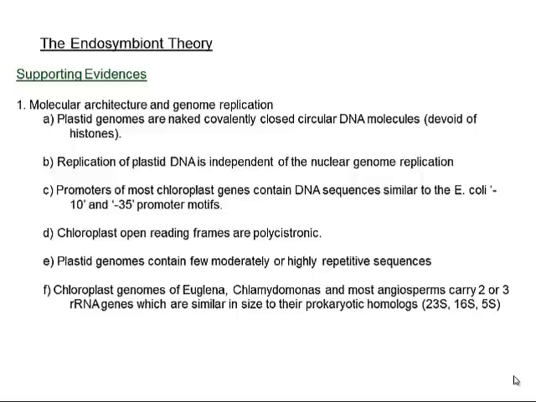Therefore, we can apply a lot of our understanding of prokaryotic bacterial DNA replication and gene structure to what's actually happening in the chloroplast. The chloroplast open reading frames are polycistronic.